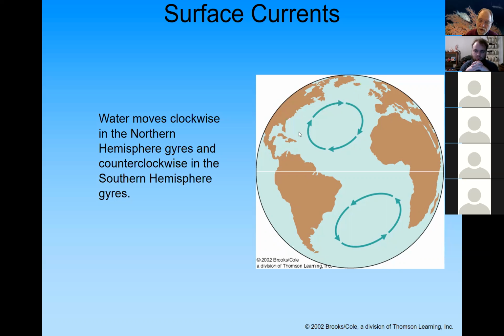And then, of course, there's a gyre. The water continues to circulate in this clockwise fashion. But the currents on the eastern side of ocean basins tend to be broad and shallow, and they're typically cold. Why would they be cold? Well, because the water that's in motion is coming from the higher latitudes.